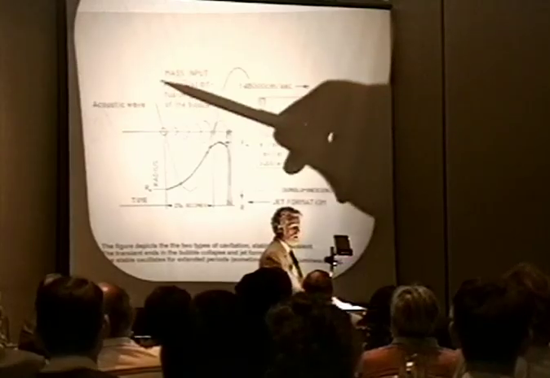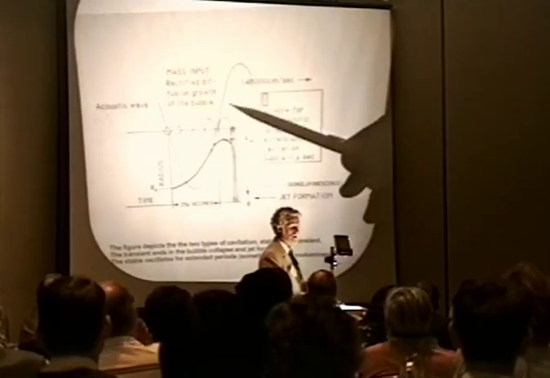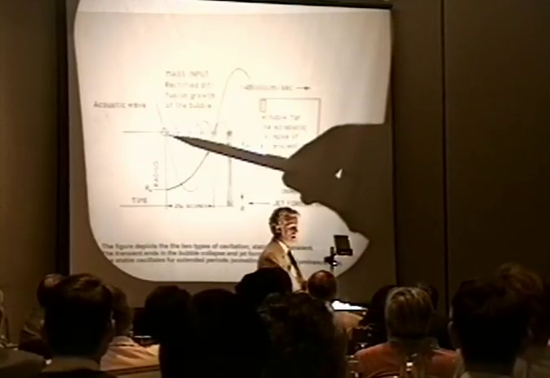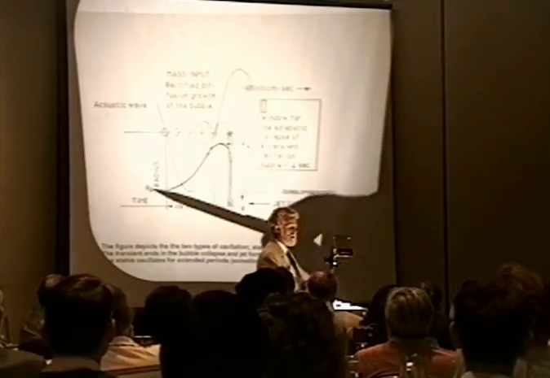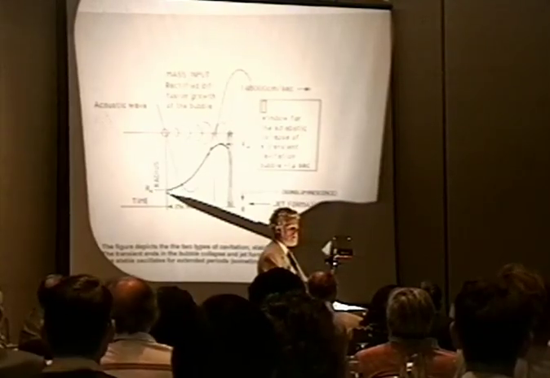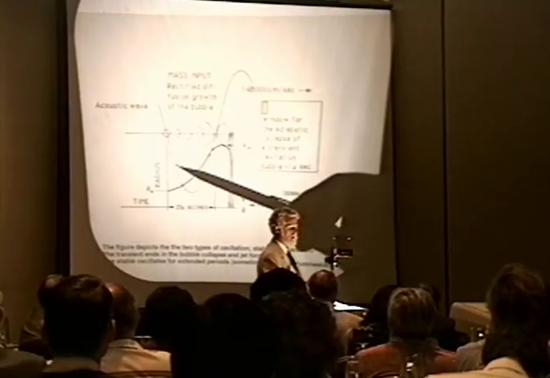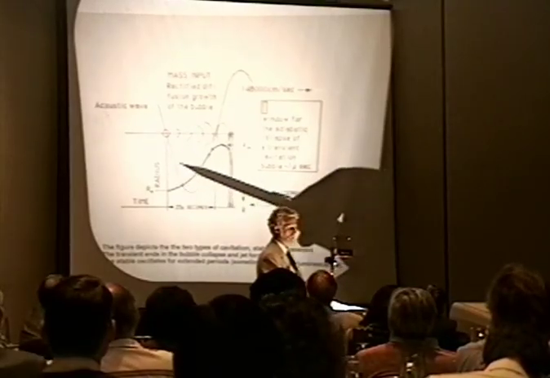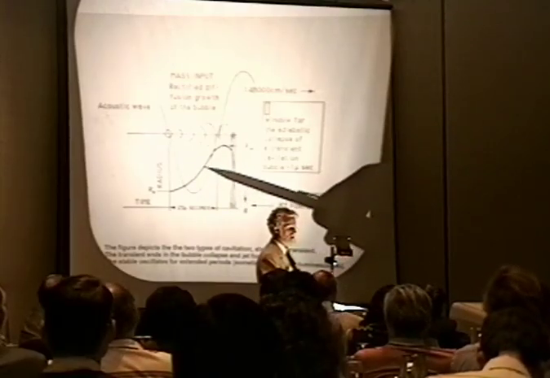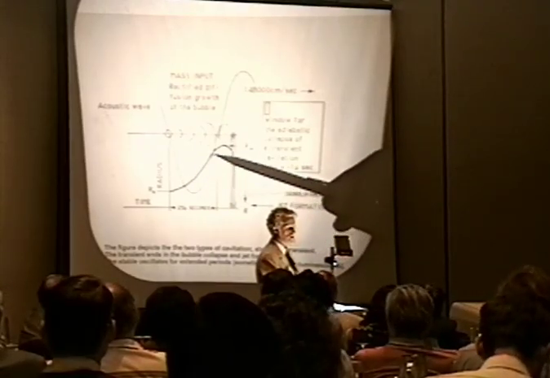Now here we have an acoustic wave that's passing through the heavy water, and as it passes through, the pressure decreases. We have a bubble that can be forming here, say at about 10 microns, and as the pressure begins to decrease, it starts growing in size, and it begins to taper off.